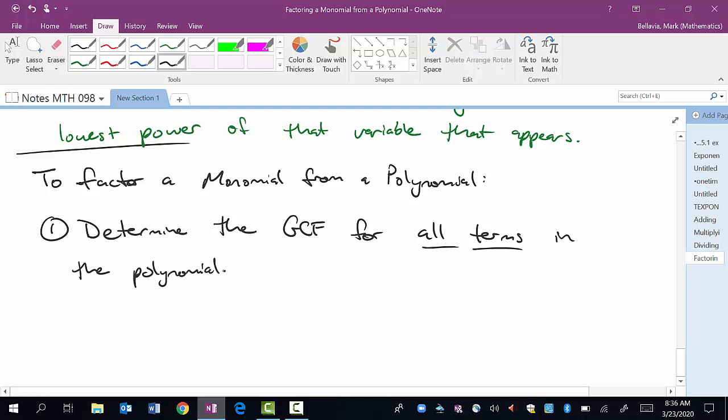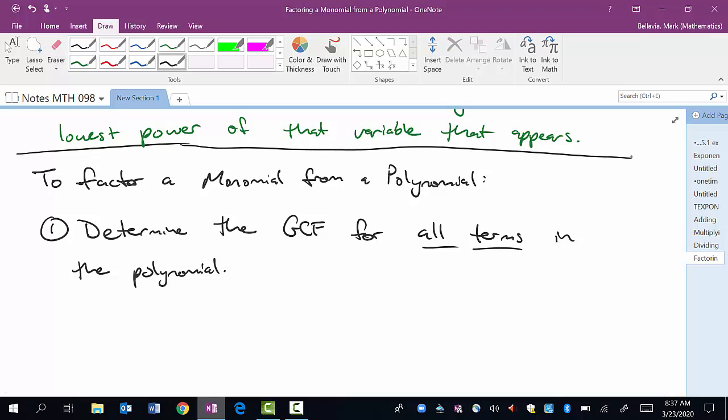All right, so this is always going to be your first step when the directions are factor. Later on we'll have more complex problems. But the first thing you always do is look for a GCF. Once you've done that, the next step is that you want to factor it out, essentially.